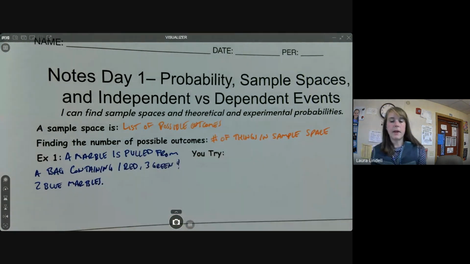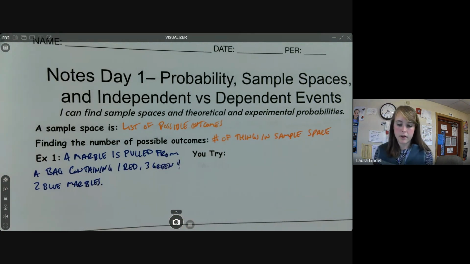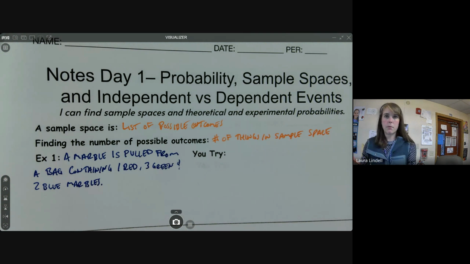What is the sample space? That's what we're asking ourselves here. The sample space is a list of all the different colors of marbles you could pull out.